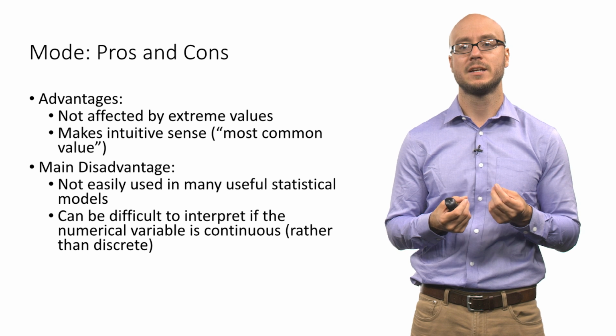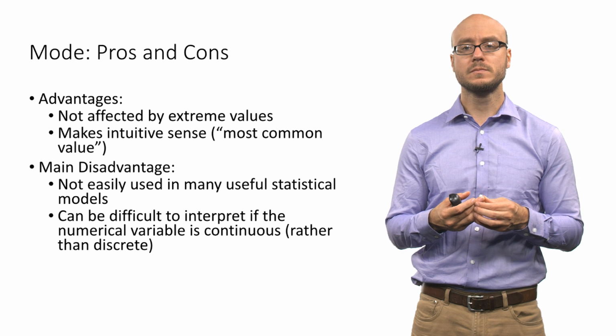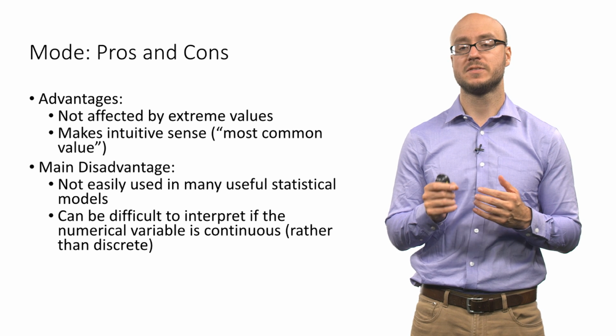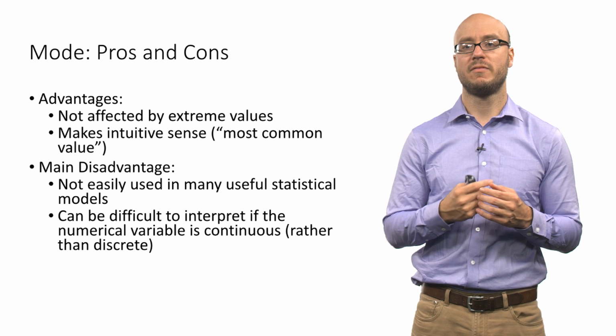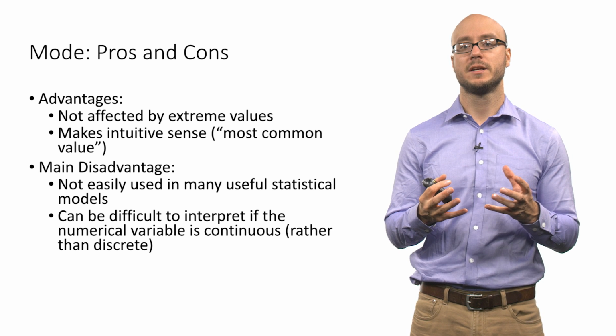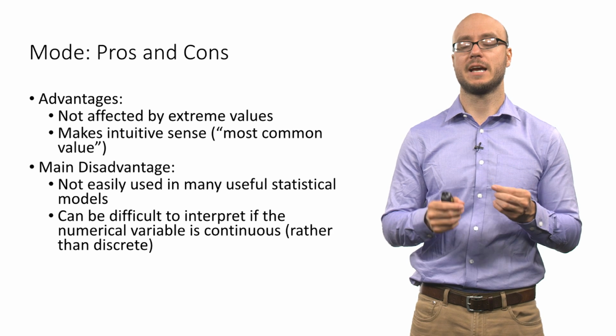Another issue with the mode is that if you have a numerical variable that is continuous rather than discrete, the most frequent or common value might not be that different from other values, meaning in a continuous variable we can take on many different values rather than sort of bins of values. In a discrete numerical variable, you might have values of 1, 2, 3, and 4. So it's pretty easy to calculate the mode.